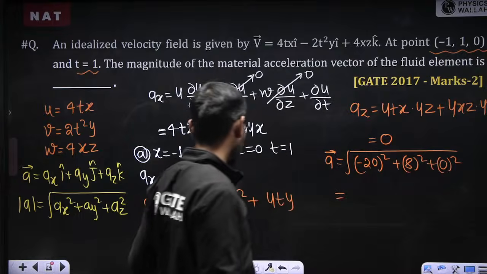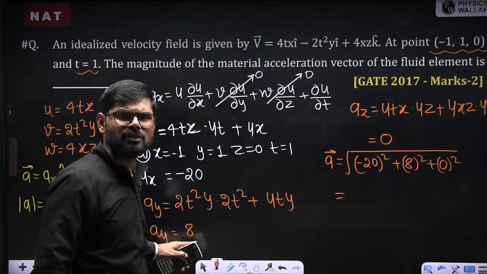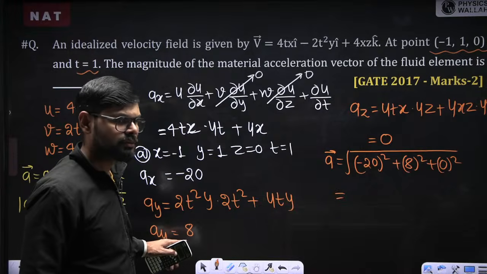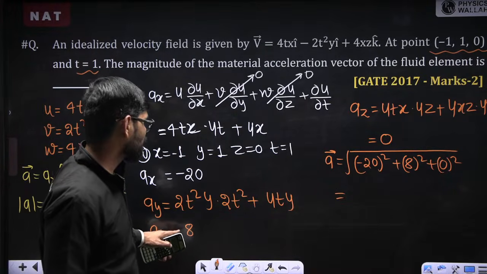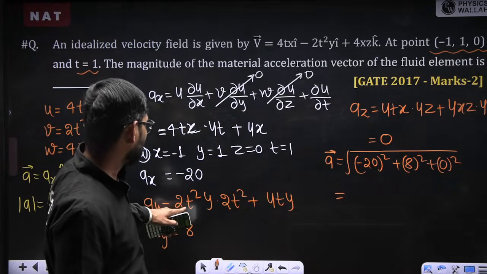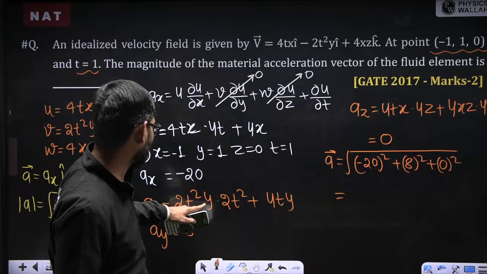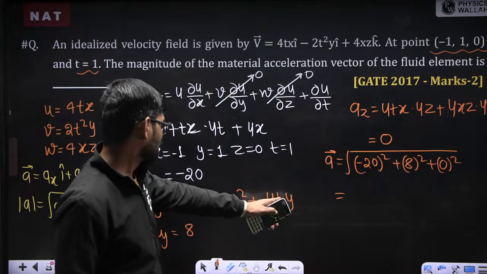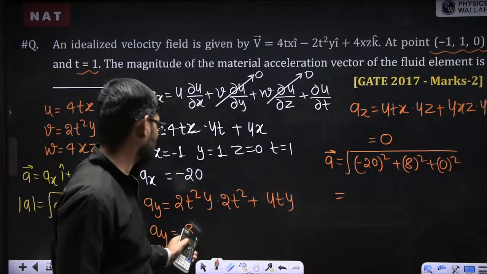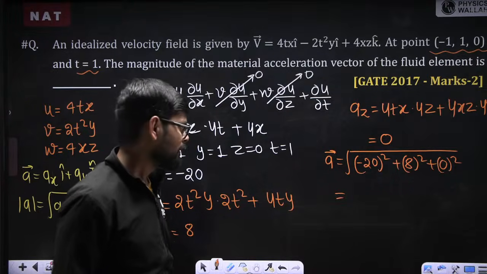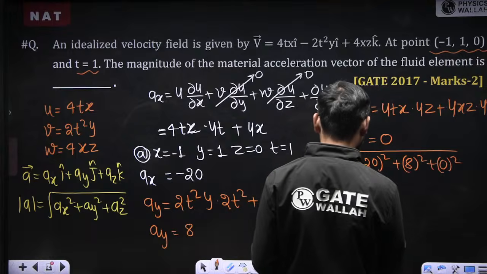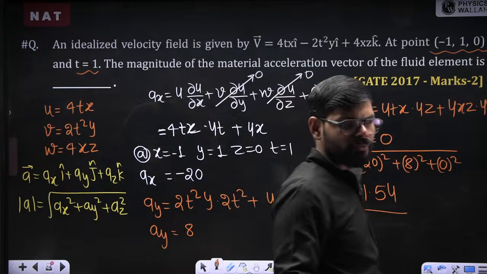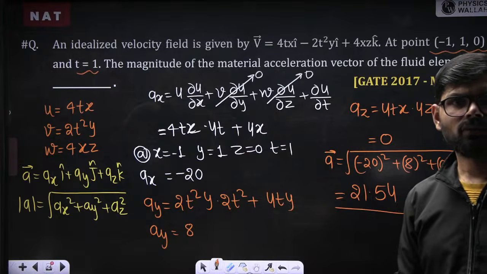Earlier this value was coming 12. How? t value is 1, y value is 1, 2 2s are 4, and y value 4, 4 4s are 8. 21.54. Please check and let me know. No sir, 20.